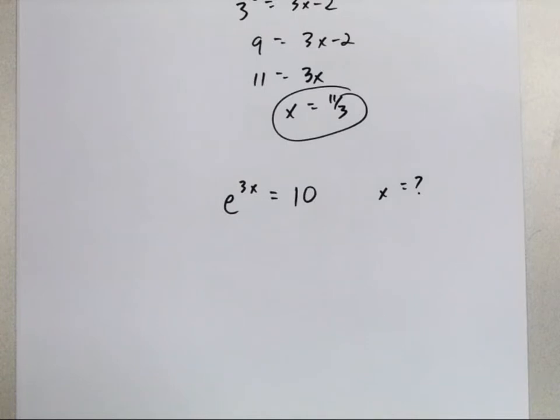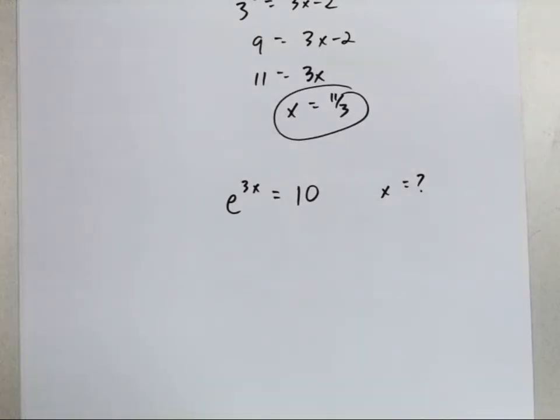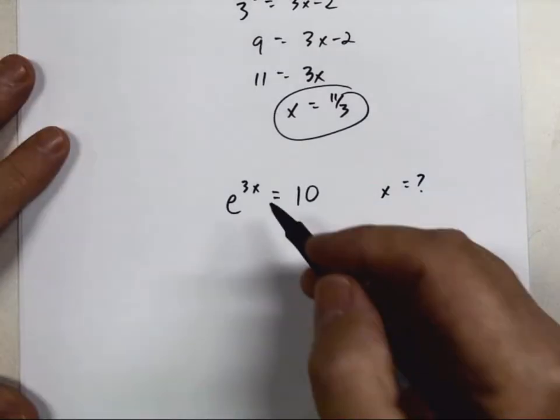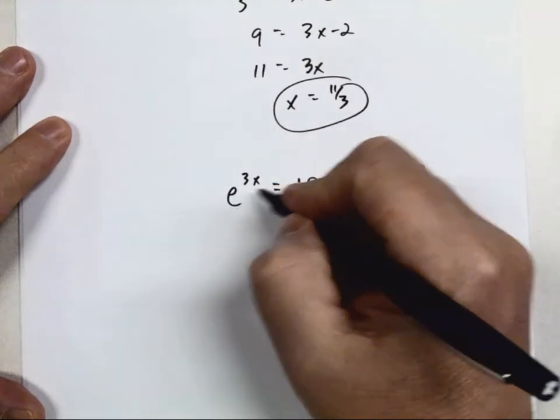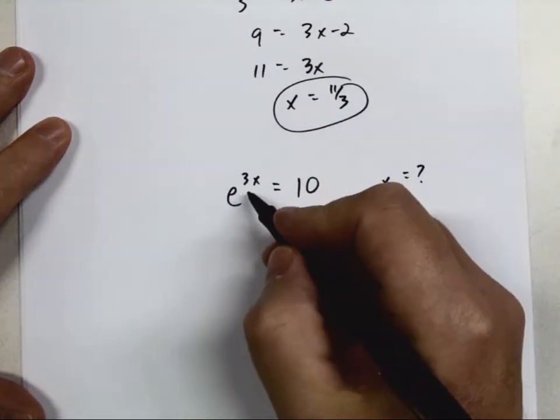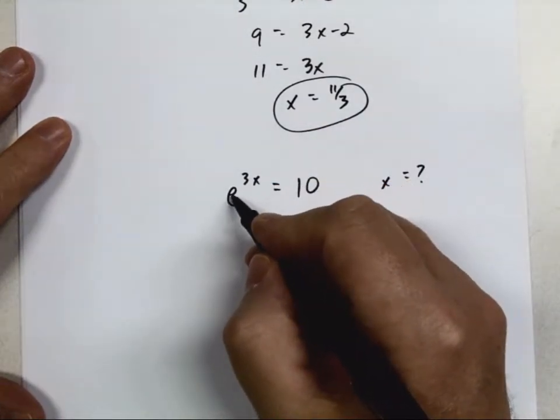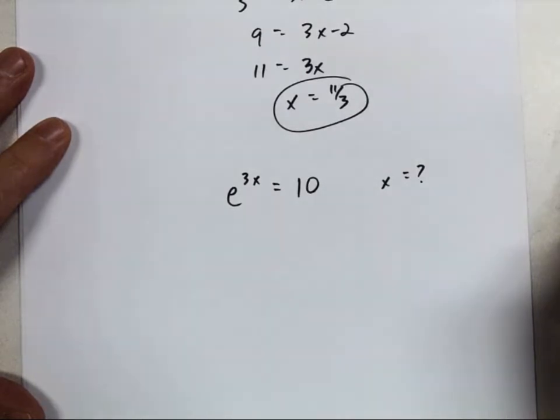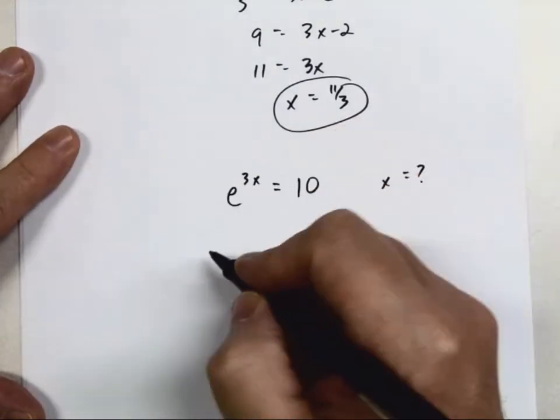The way we solve exponential equations most of the time is to convert it into a log equation. So I'm going to take the log of both sides. What should the base of my log be? It should be log base e, which is natural log.